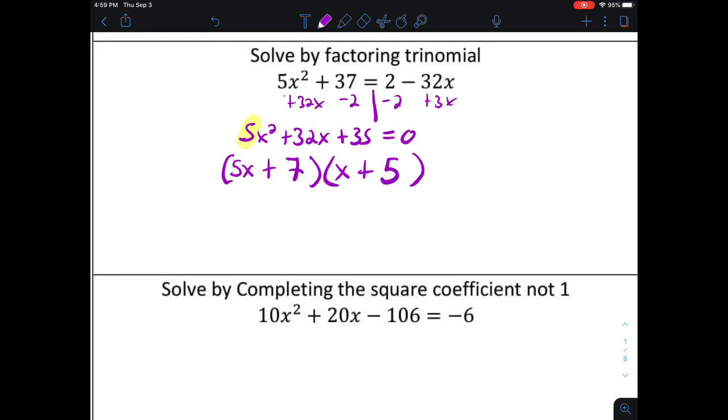Add 7 to it. That makes 32. I got equals 0. And then I find the two zeros of these linear factors. So I have x plus 5 is 0. 5x plus 7 is 0. And we get our two values of x. So x would equal negative 7/5, and x would equal negative 5.